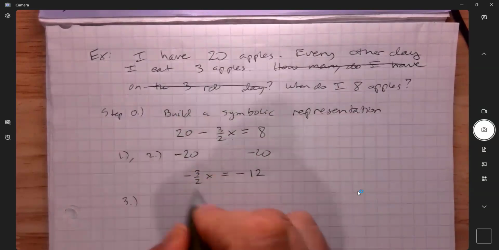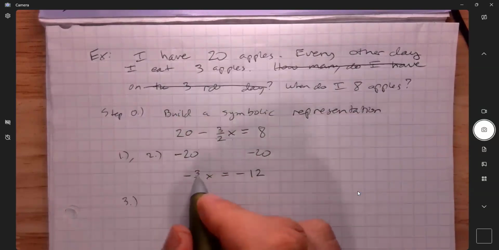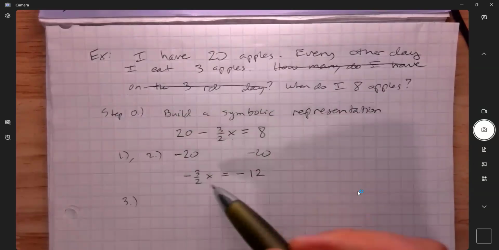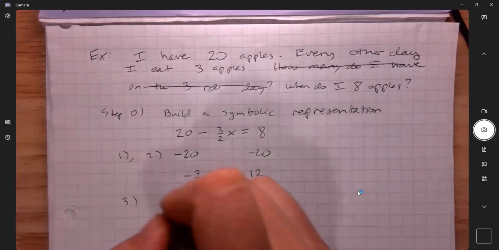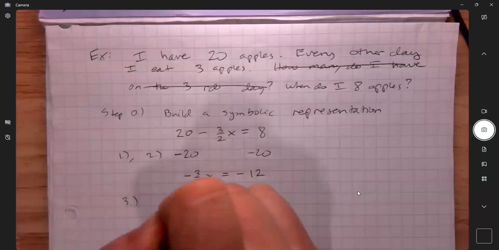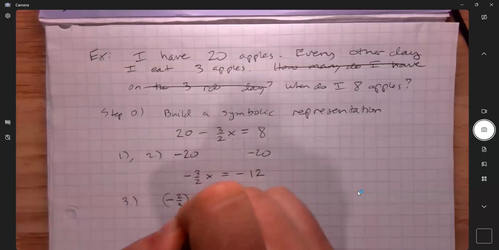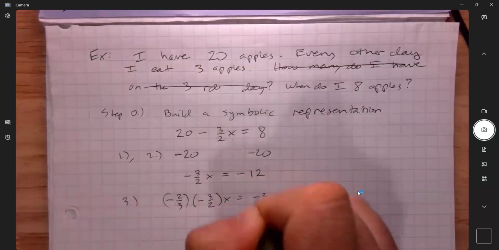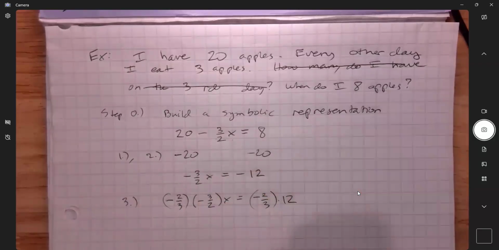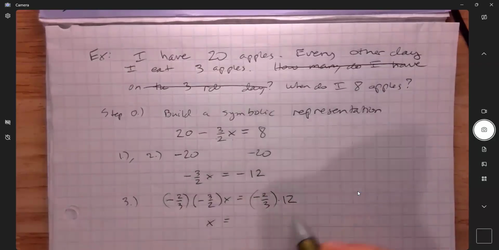And the 3rd step is to clear the coefficient. And remember, the reciprocal will always clear the coefficient. So if I have negative 3/2 here, then I want to multiply by negative 2/3. That's going to clear that part there, leaving me x.